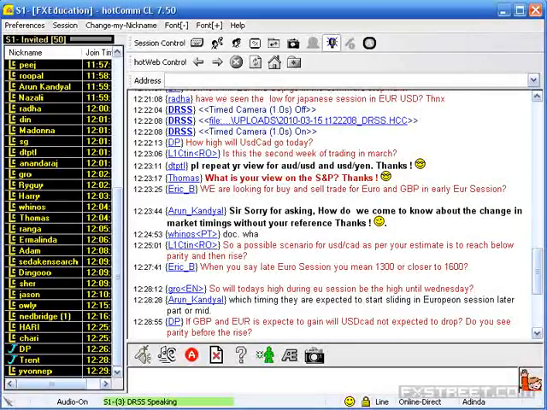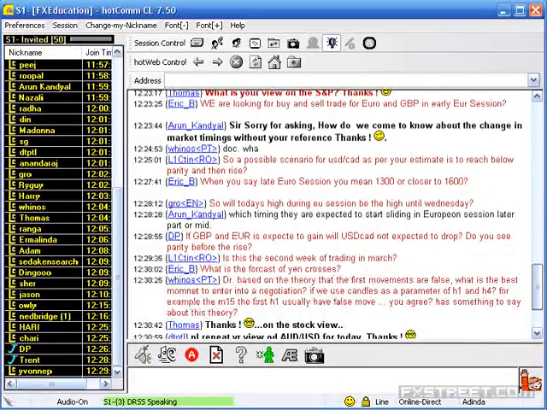Eric, when you say late European session, do you mean 13 GMT or closer to 16 GMT? No, I am referring to the late European session of 13 GMT. See, 16 GMT is the timing we follow just for the stock markets to close.